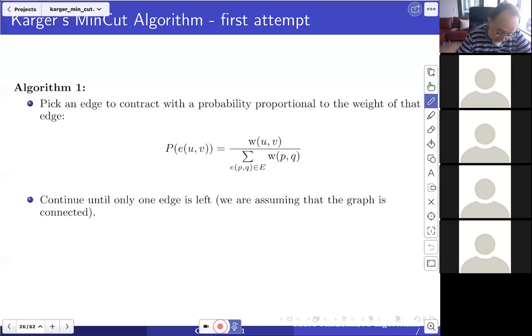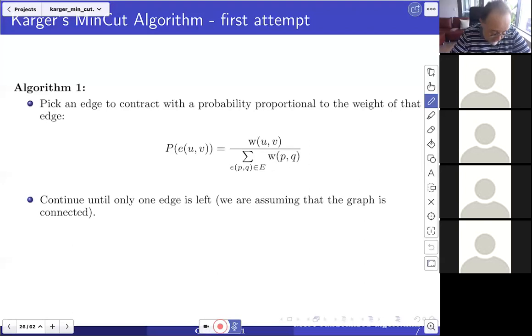So at the end, as you keep going through the graph, contracting, of course, the graph remains connected. And at the end, you will get a single edge.